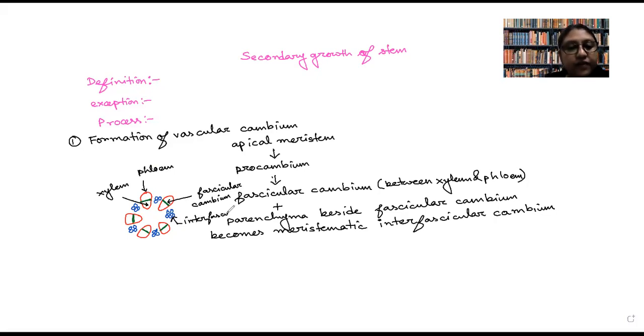Now you understood why it is called interfascicular. Why do we call it interfascicular cambium? Inter means in between. Intercellular space means the space between two cells.